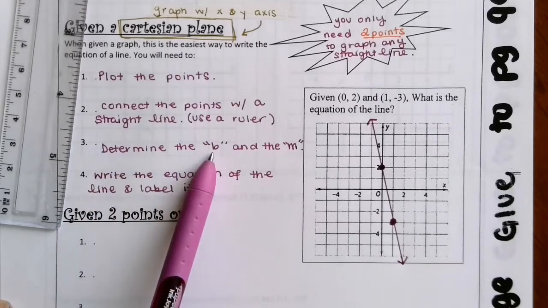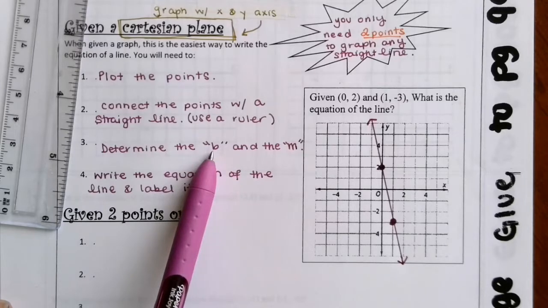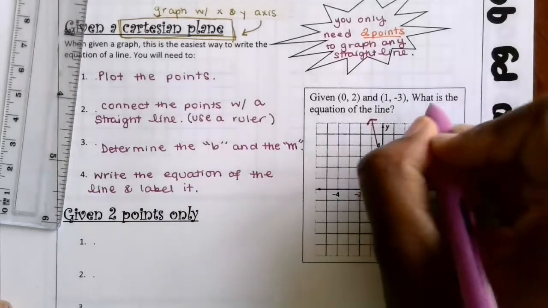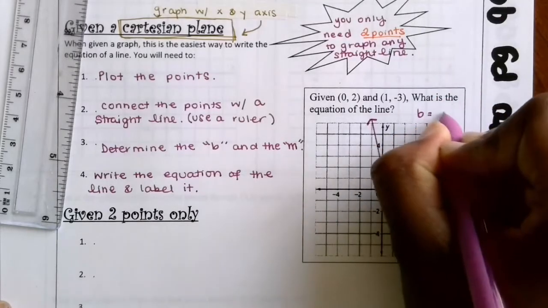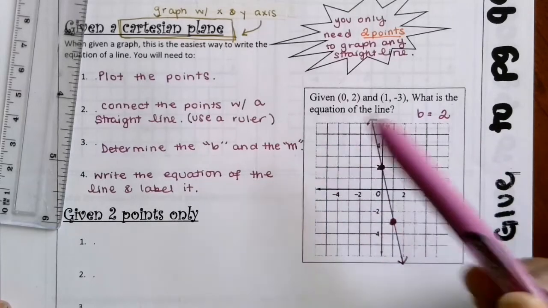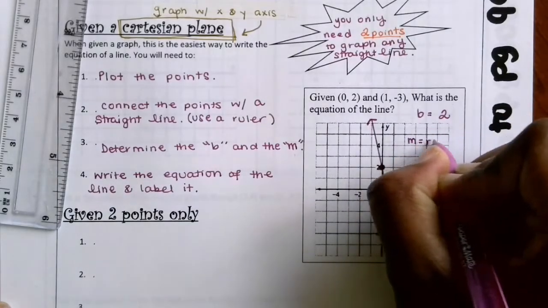Do not forget to put arrows on both ends of your line. Now that we've accomplished that, we'll move on to step 3, which tells us to determine the b, which is your y-intercept, and the m, which is your slope. Our y-intercept is where the line crosses the y-axis, and it does so at +2. As for the slope, I want to calculate my rise over my run.